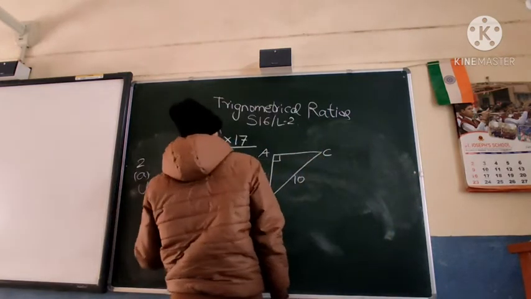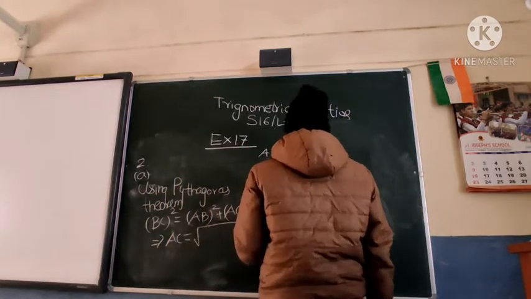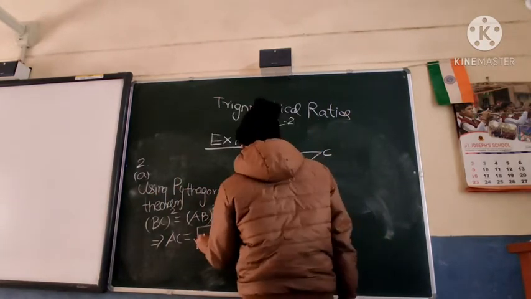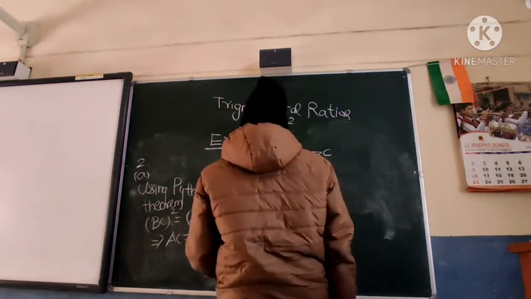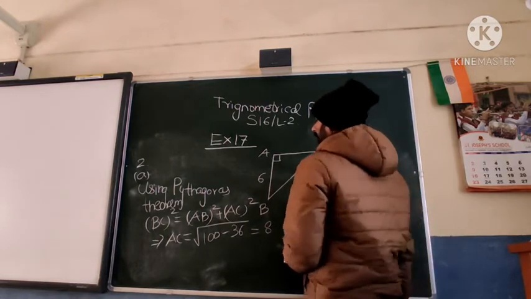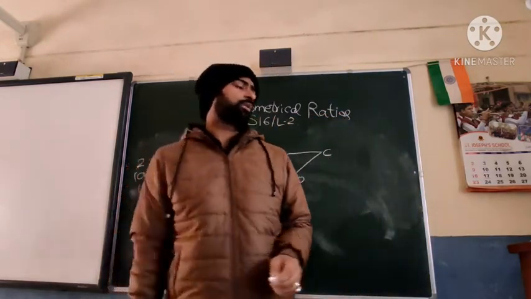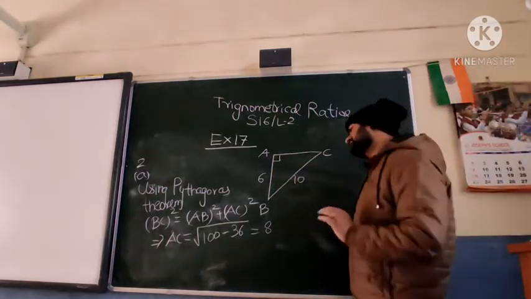This implies that AC will be equal to under root of 100 minus 36, equal to 8. Once you know this, please try to get this first.